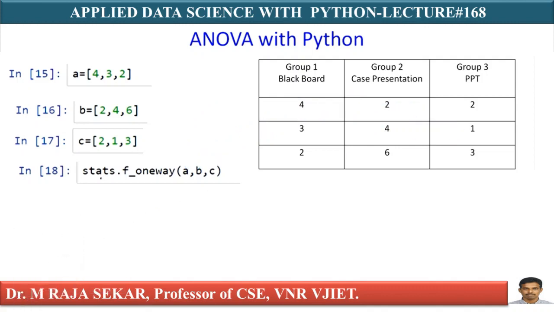As I told you, it will return two values. First one is statistic, the computed F statistic. You will get the computed F statistic, isn't it? And what about another one? It will return p-value.